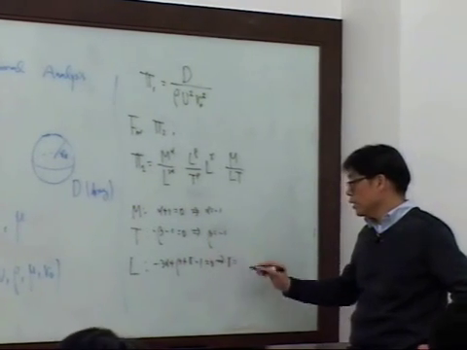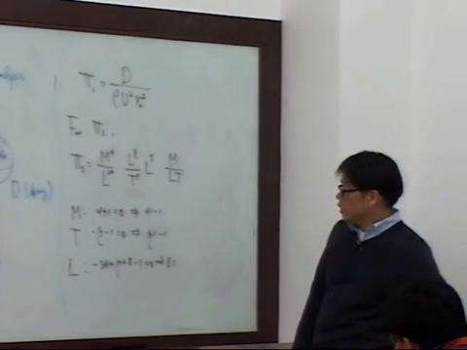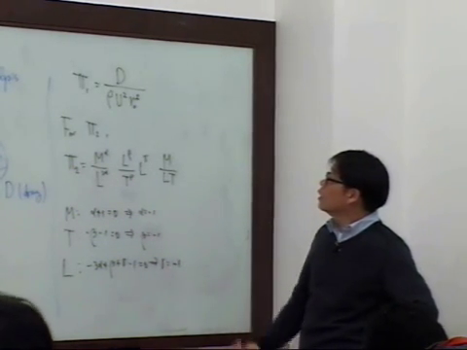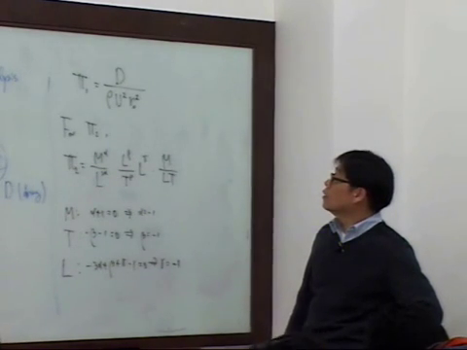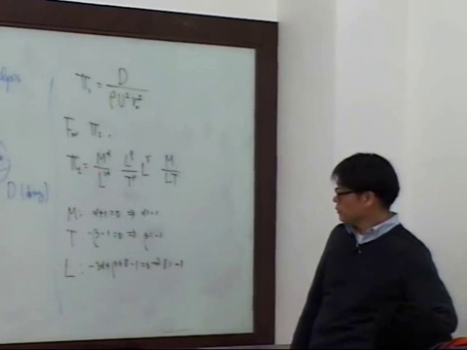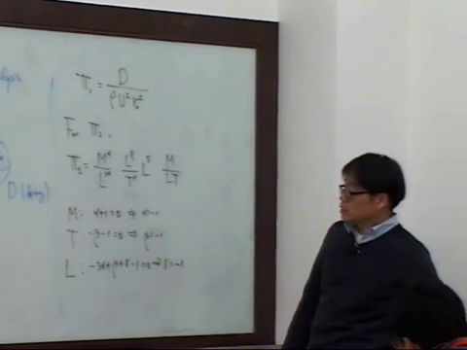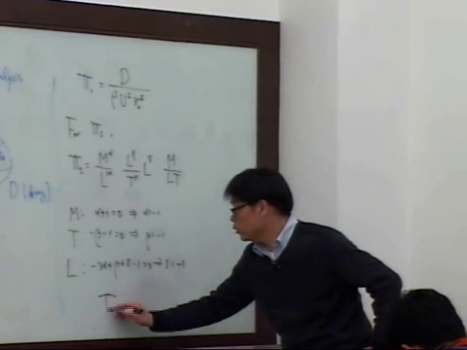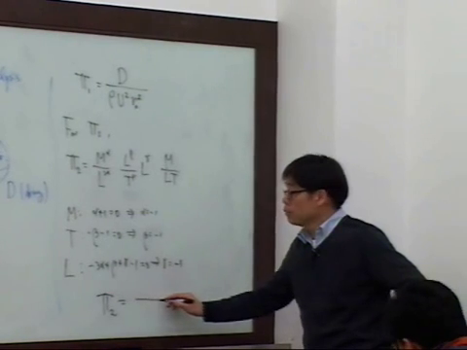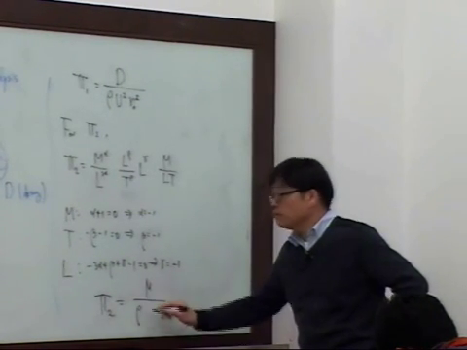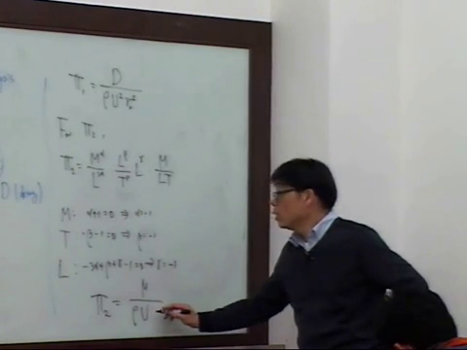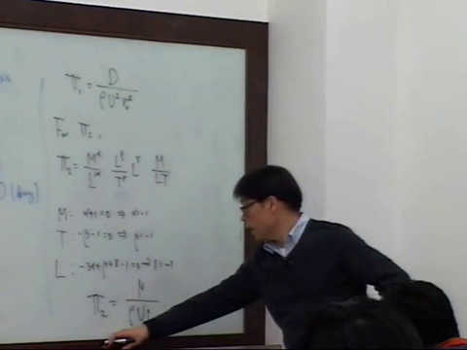So gamma has to be minus 1. Okay? So that tells you pi 2 has to be mu divided by rho u r naught.